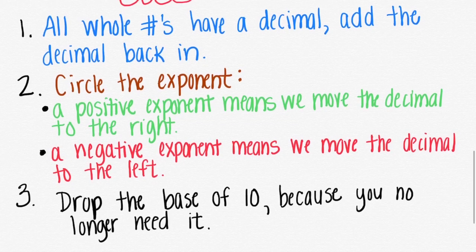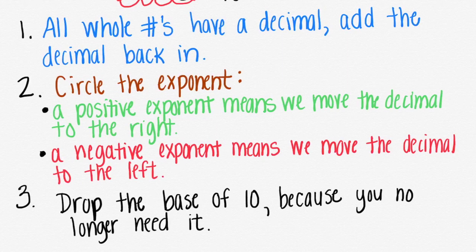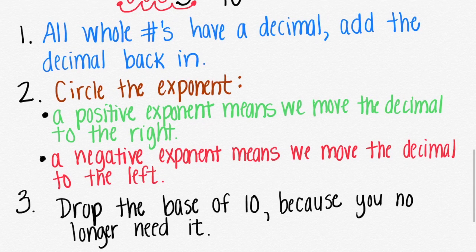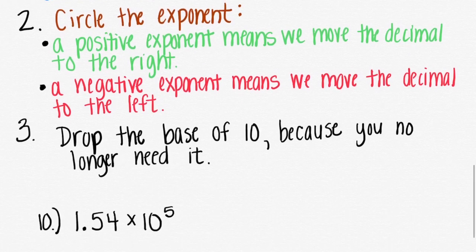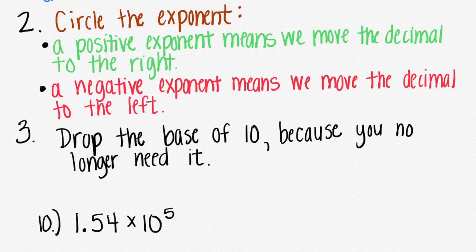The last rule says we are going to drop the base of 10 because you no longer need it. So when we write 5 times 10 to the negative 4 in standard form, we now write that number as 0.0005. And that is how you write 5 times 10 to the negative 4 in standard form.